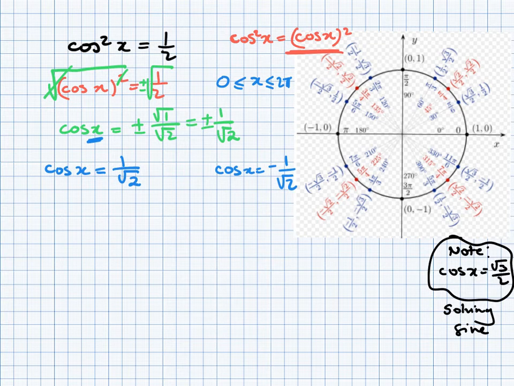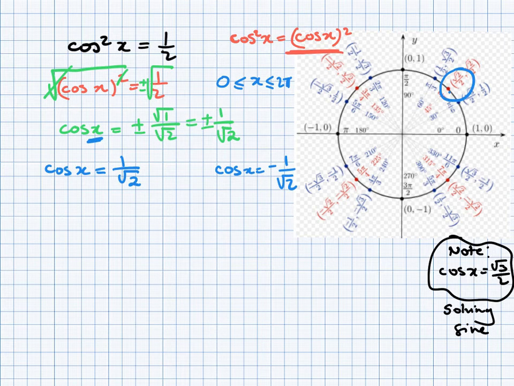Now, cosine is our x coordinate, 1 over square root of 2. Looking at this unit circle, you won't find the same answer, so they look a little bit different.